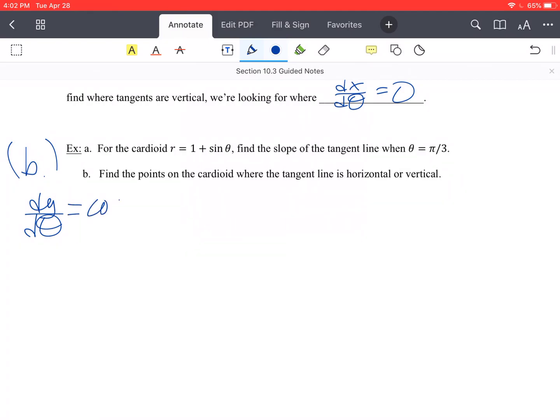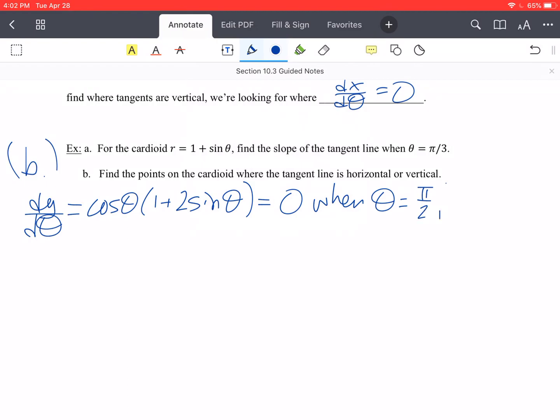So that was cosine theta times 1 plus 2 sine theta. That is going to be 0 when theta has the following values. So we can find when this is 0, that gives us theta is pi over 2, 3 pi over 2, 7 pi over 6, and 11 pi over 6.